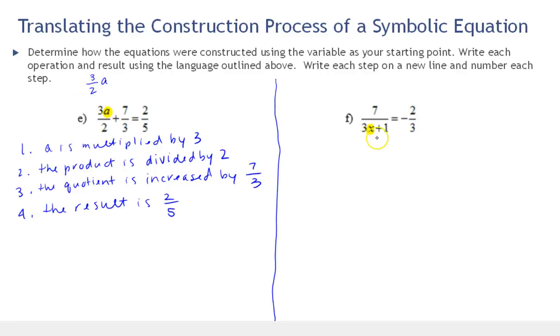So we're going to start by building the denominator. So the entire denominator is 3x plus 1. So the first thing we do is x is multiplied by 3. Then we have the product is increased by 1.